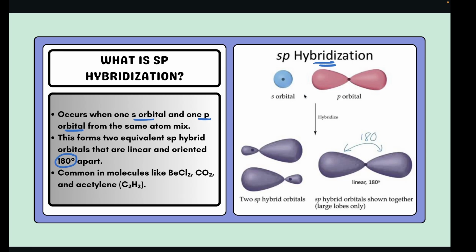Like here in this picture, we can see one s orbital, which is spherical in shape, and one p orbital combine to form two sp hybrid orbitals.